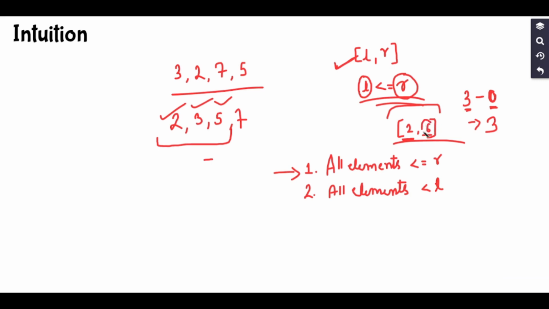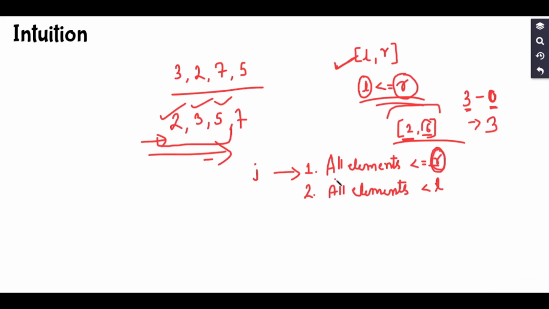We have an element R. What I want is to find the position of the very first element in the sorted sequence which is just greater than R. Let's call it J. J is the position of the first element in this sorted sequence which is just greater than this R.